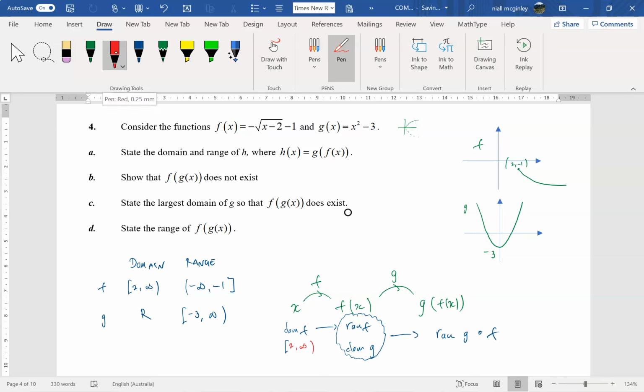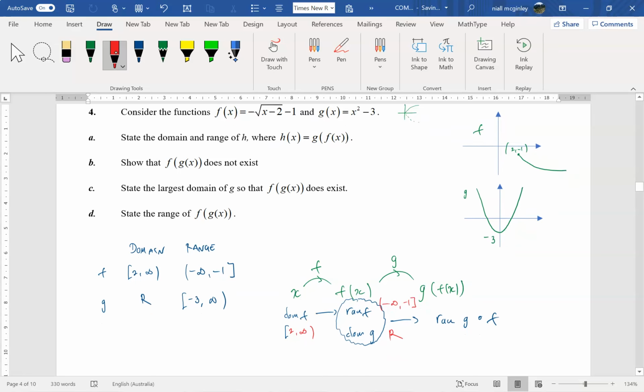Range of f is negative infinity to negative 1. Domain of g is actually going to be all real numbers. So you'll see here, this is going to exist because the second part of the composite function g works for all real numbers. So there's no values that you'll get out here in the range of f from the first part that are going to stop the second part working.